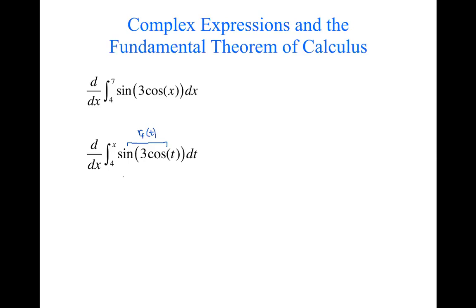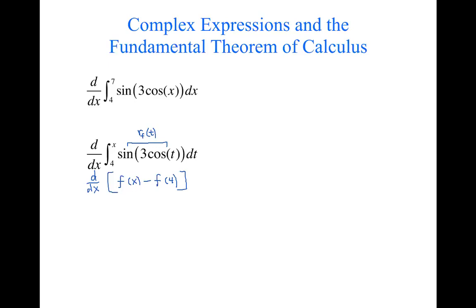So an antiderivative of f evaluated at x and evaluated at 4. And then we take a derivative with respect to x. So that's not too bad. Last time was f of 7 minus f of 4, which was all numbers and it disappears. This is a number, so this derivative is going to be 0.